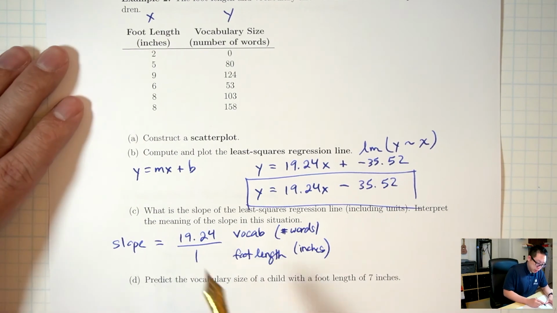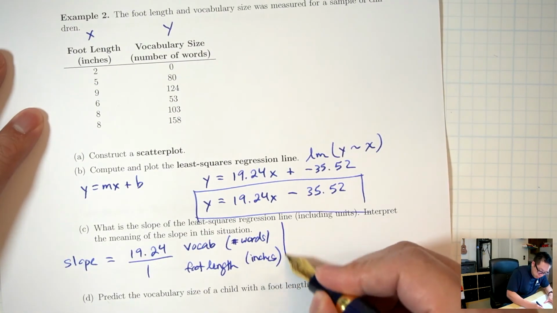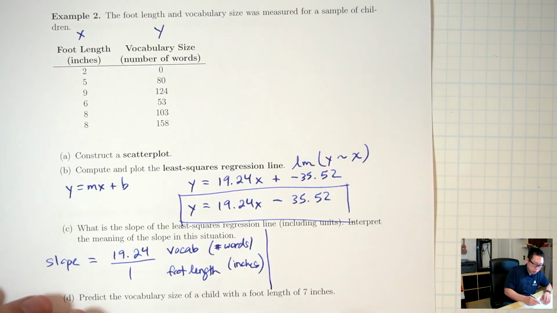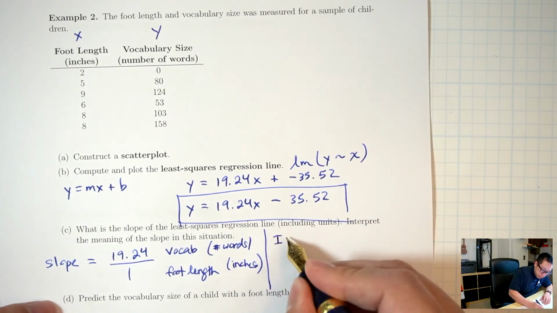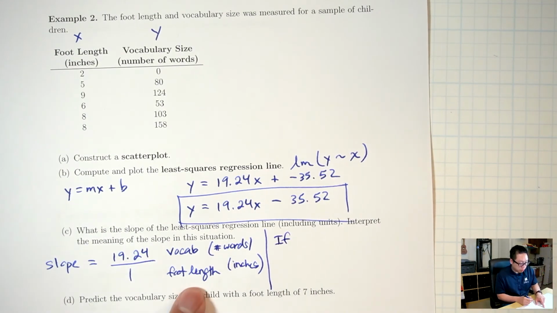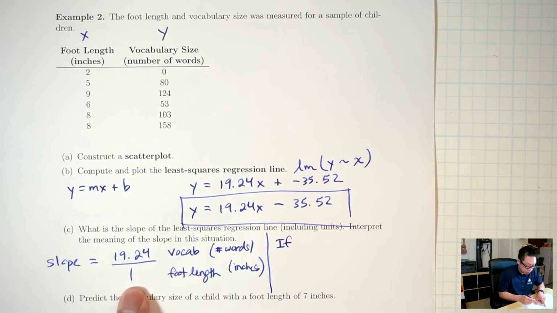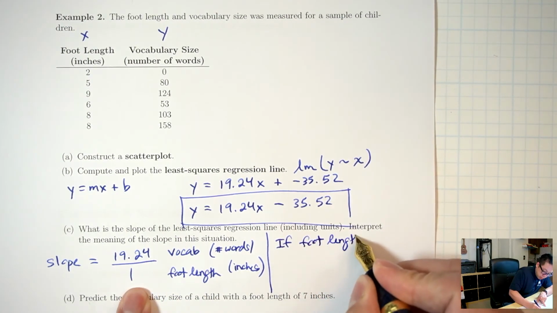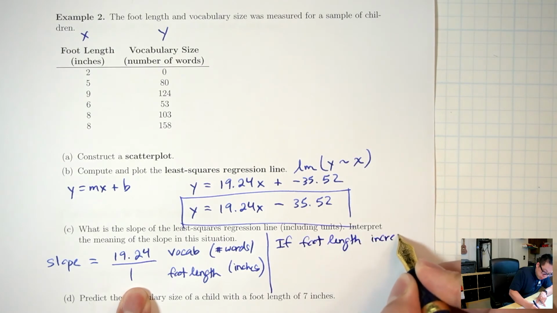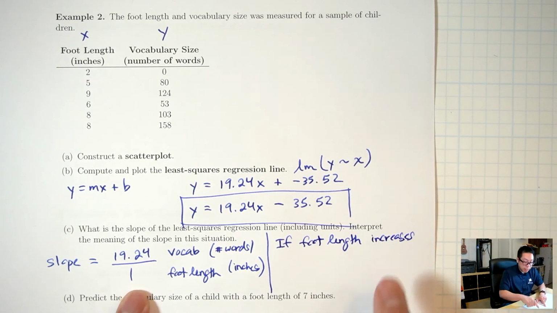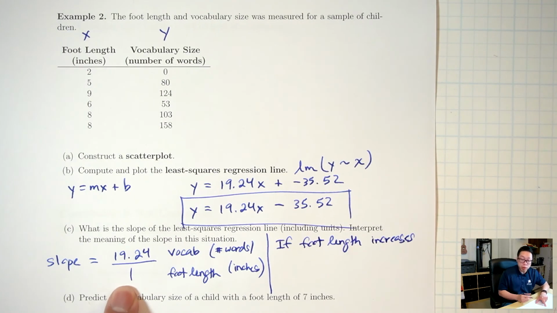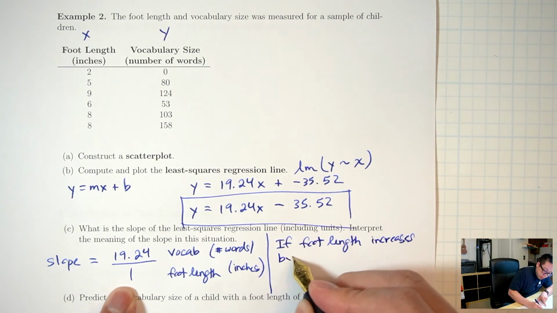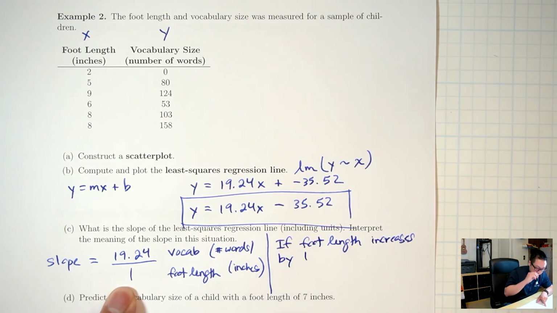And then interpret the meaning of the slope in this situation. Okay. The interpretation is going to be: if the foot length increases, and I say increases here because that's a positive 1, increases by 1 what? 1 inch.